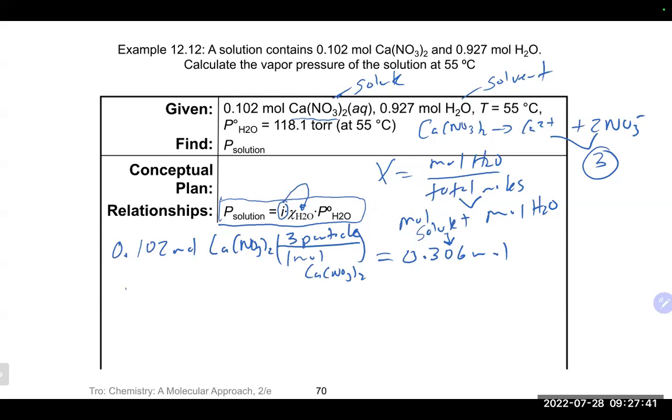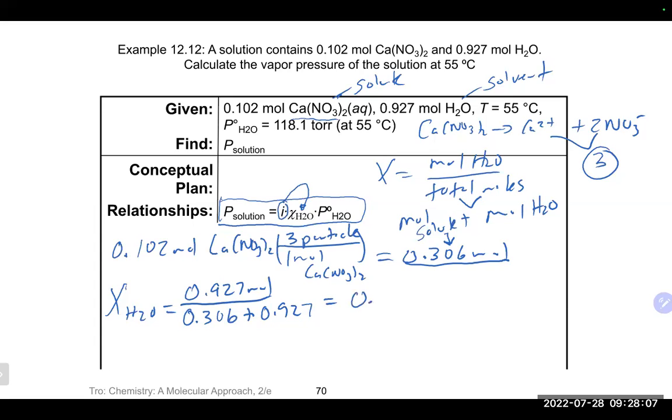Now, when we do our mole fraction for water, we use the moles of the water, which is 0.927, divided by our corrected value for our solute because it's ionic, plus our 0.927, and that gives us about 0.752.